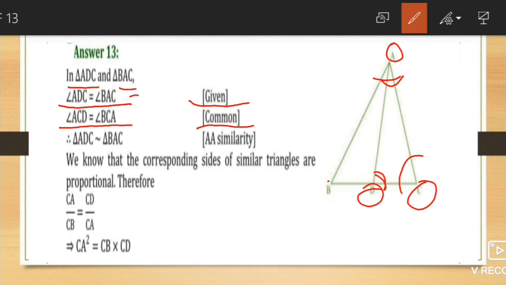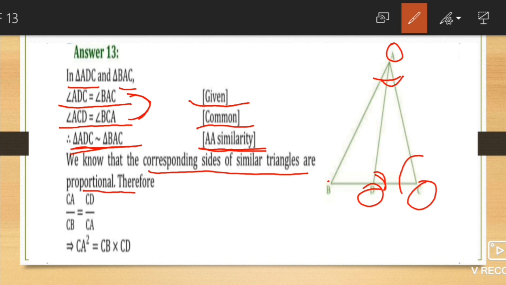Since two corresponding angles are equal, by using AA similarity you can say that triangle ADC is similar with triangle BAC. Now since these two triangles are similar, the corresponding sides of similar triangles are proportional, or the ratio of corresponding sides are equal.